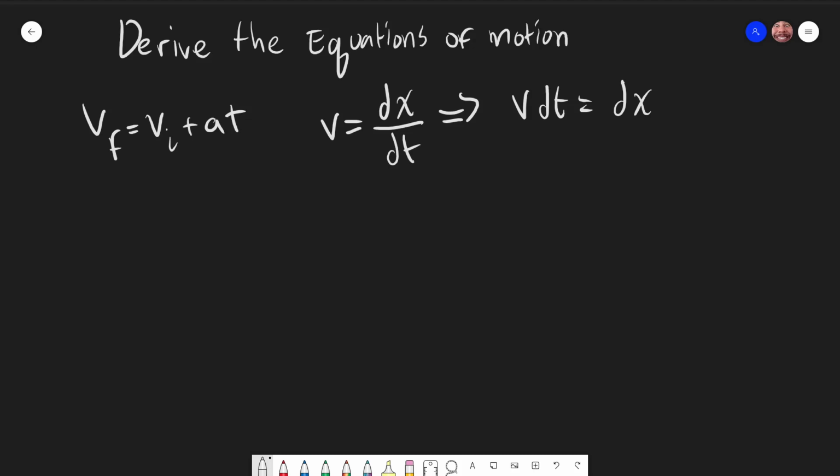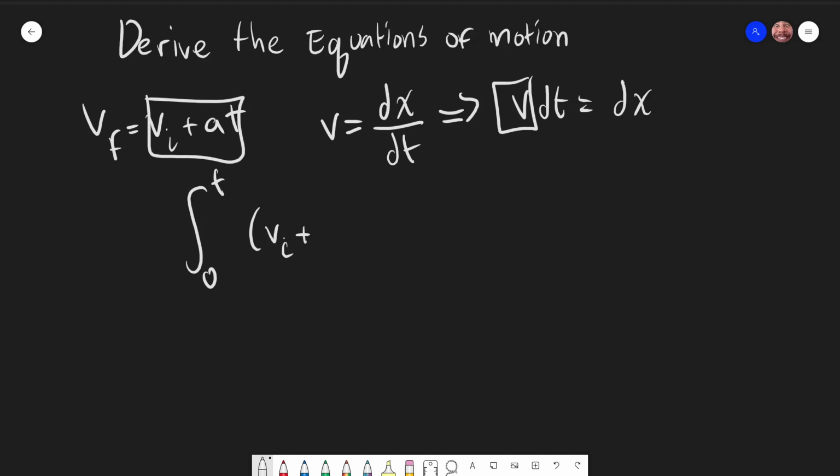You can already see where this is going if you know calculus. We take the integral, again with respect to time, so from 0 to t. For the function on the inside, we swap out this v with vi plus at, integrating with respect to time, and make that equal to the second integral, where position goes from an initial position to a final position.